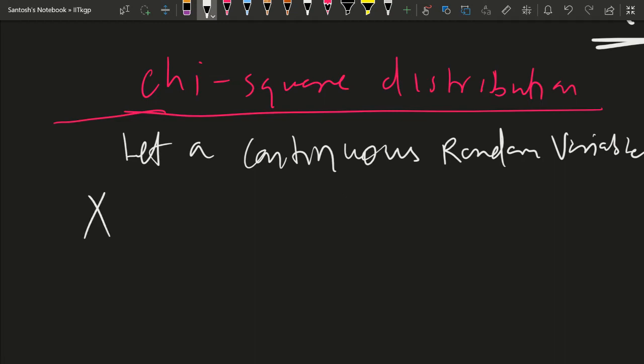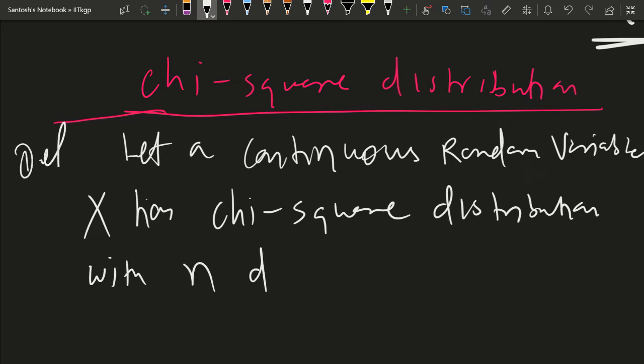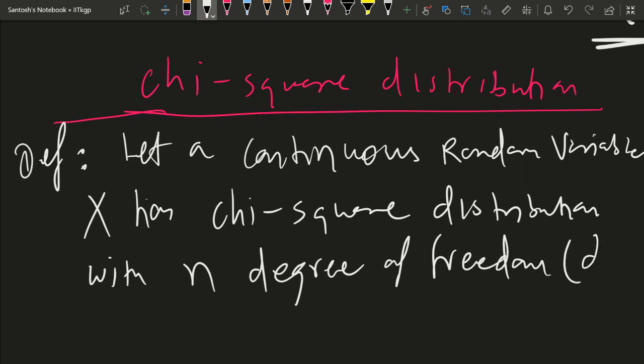Let a continuous random variable x have chi-square distribution with n degree of freedom. I'm writing the definition. Sometimes in short we write df. Df means degree of freedom.